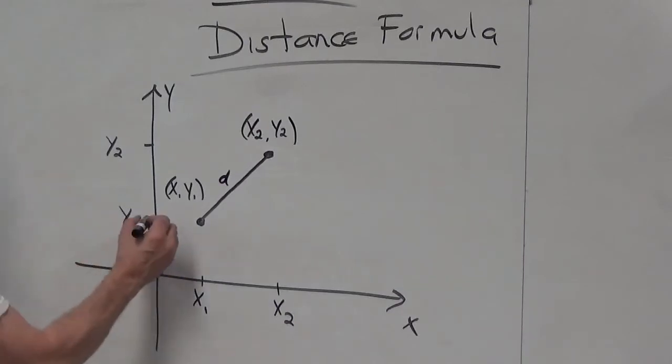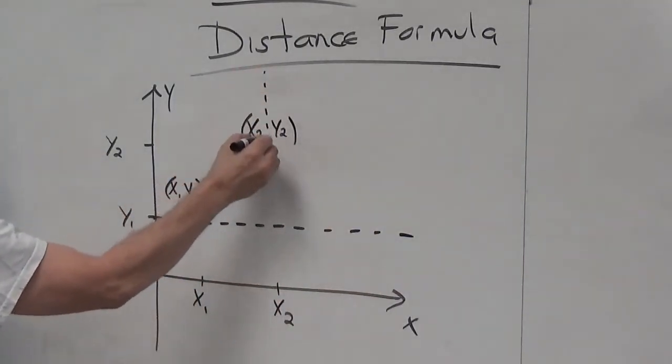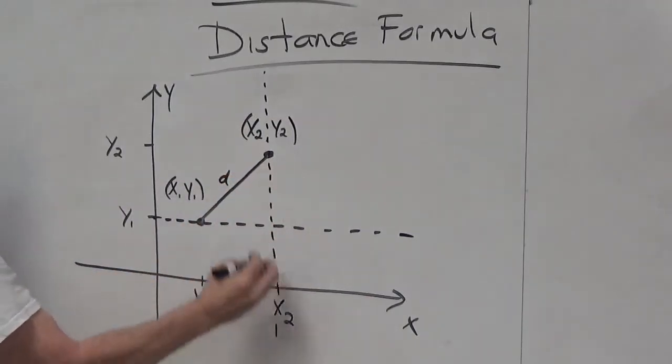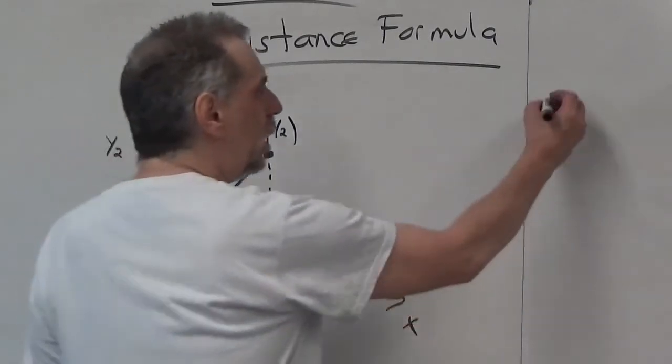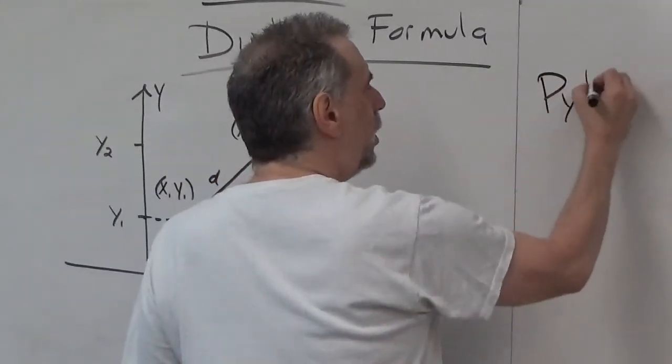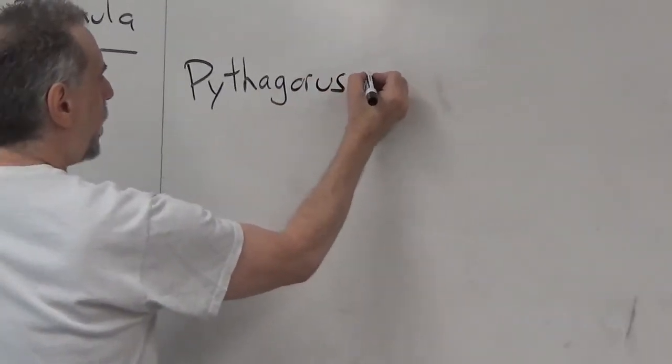So notice if I draw a horizontal line out this way and a vertical line down this way, I form a nice right triangle.